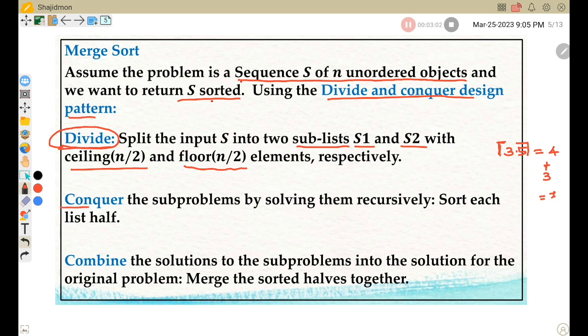After that comes conquer: solving the subproblems recursively. Whatever sublists we get, we again divide into halves and continue this process recursively. This is what we call the divide and conquer design pattern.